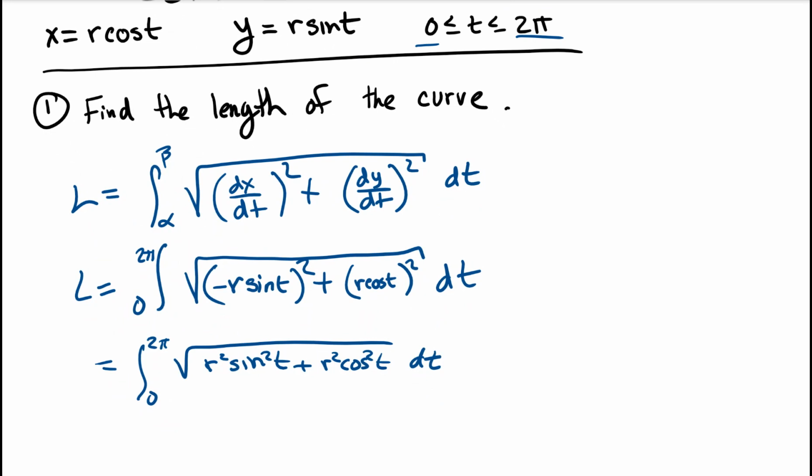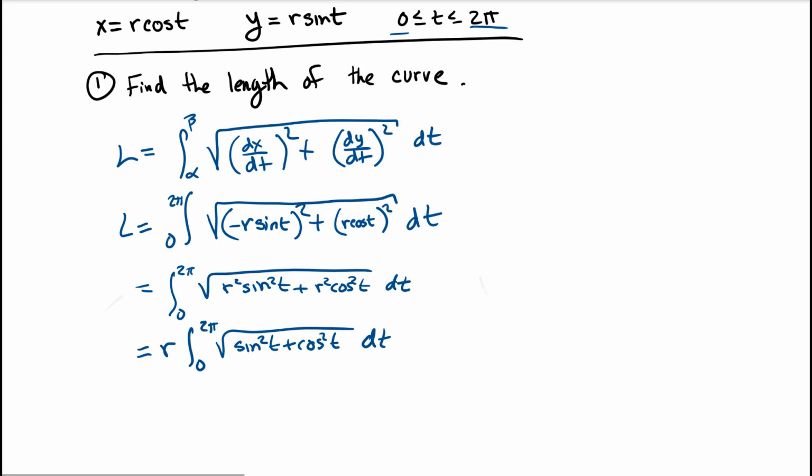So we can yank that r squared right out of the square root, and it's just going to become r. The square root of r squared is just r, when r is a positive value. So we factored that out, from both terms. Yanked it to the front, and now it just leaves us with sine squared plus cosine squared dt.